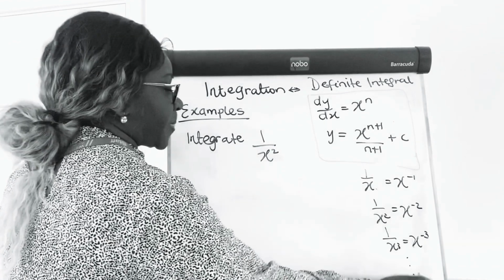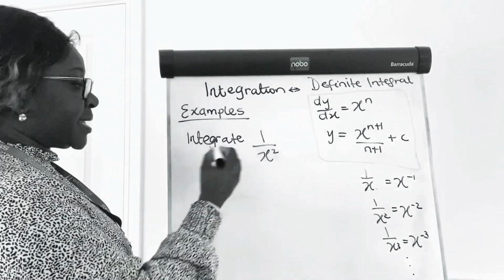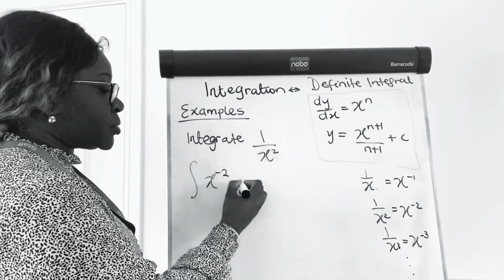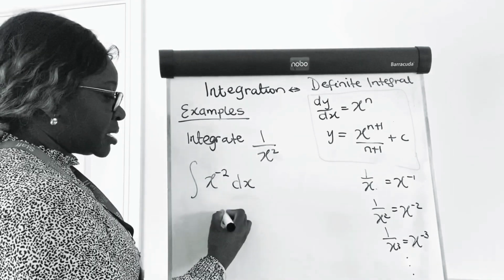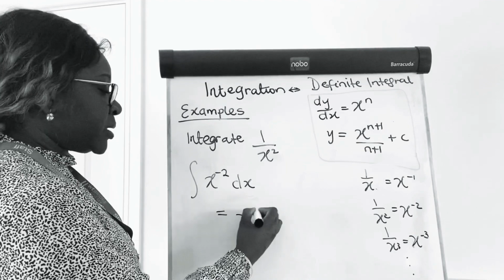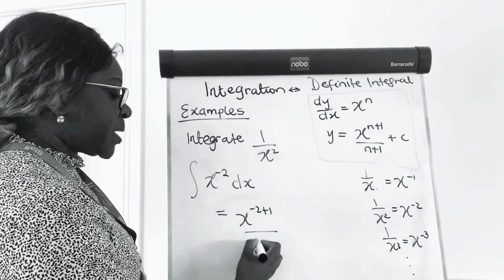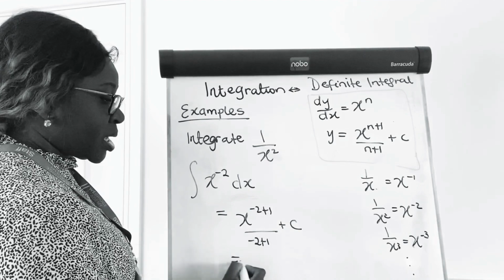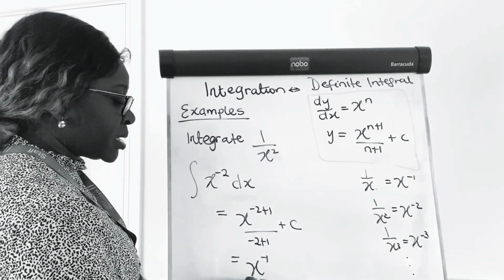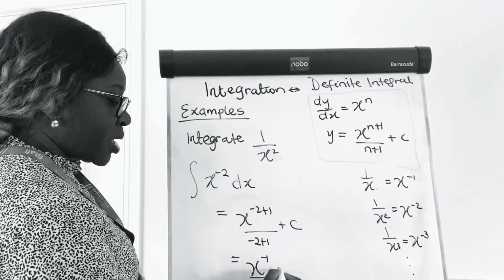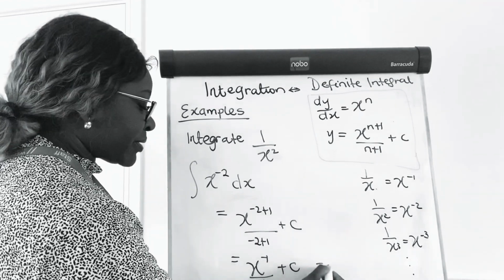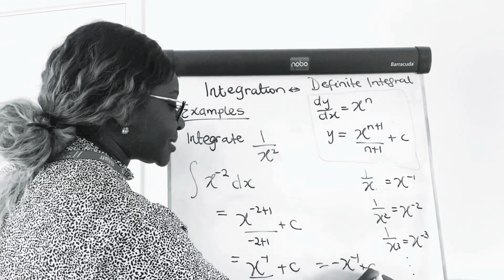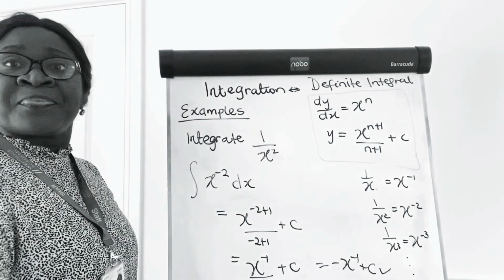So let's use that idea to rewrite this as integrate x to the minus 2 dx, and that's going to give us x to the minus 2 plus 1 over minus 2 plus 1 plus c, which is equal to x to the power of minus 1 over minus 1 plus c. And we can still rewrite that as minus x to the power of minus 1 plus c, and that will be the final answer.